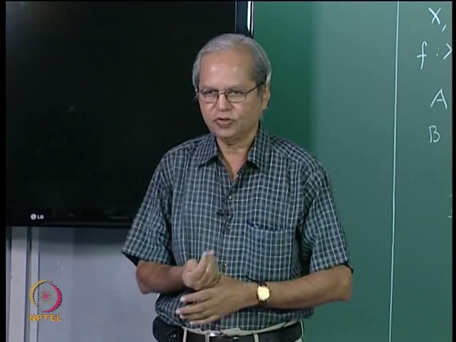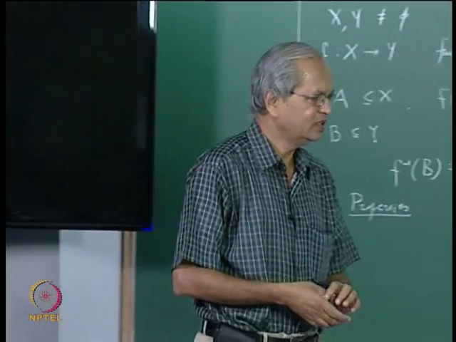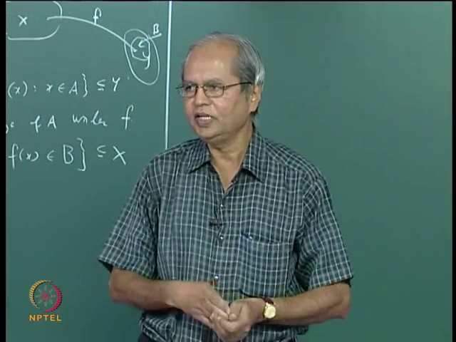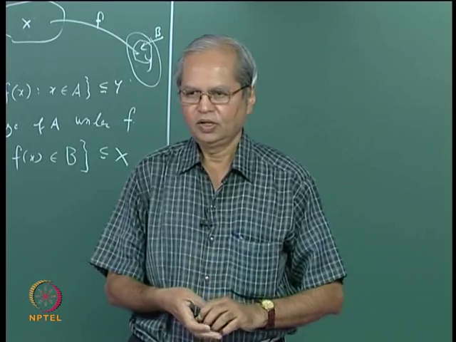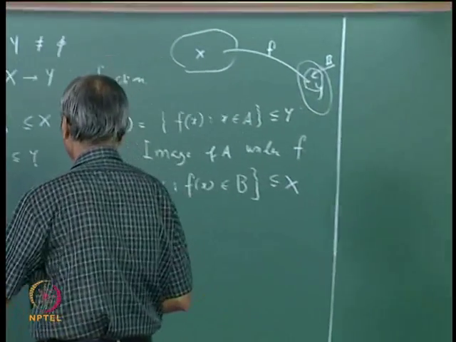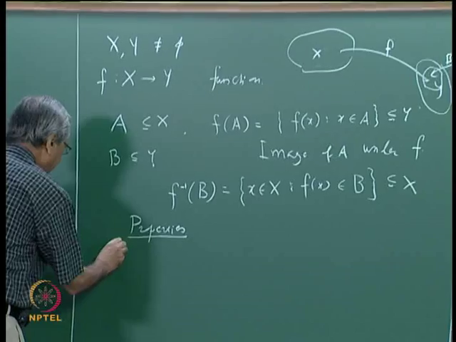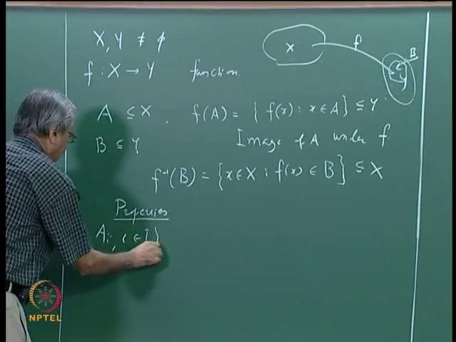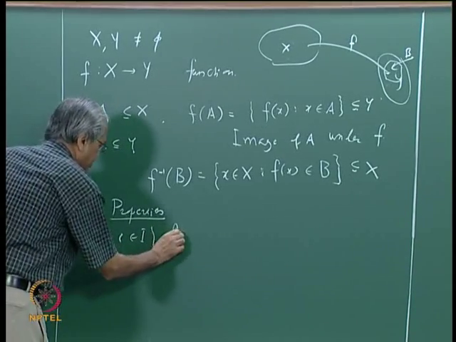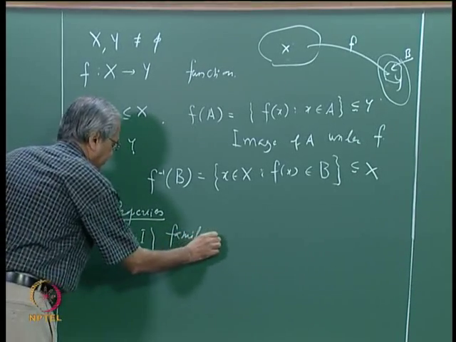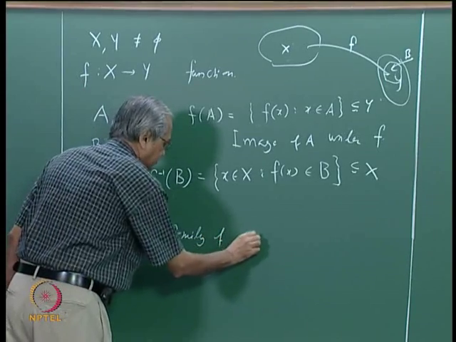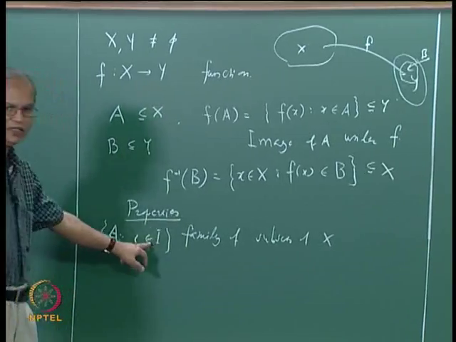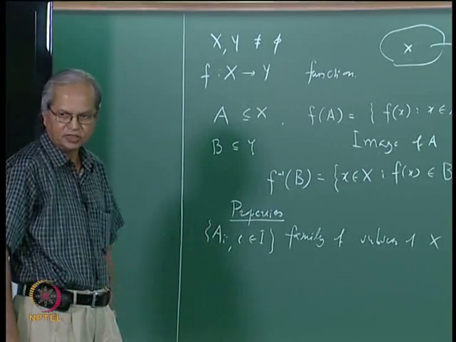That is a kind of question, and as we have seen yesterday, why just restrict to 2 or 3 or any finite family? We can talk of any family of sets. And so let us say that A_i, with i belonging to big I, is a family of subsets of X, where this big I is an indexing set, something that we discussed yesterday.